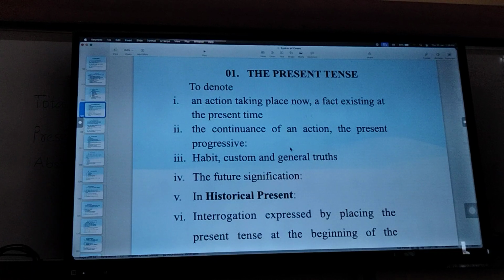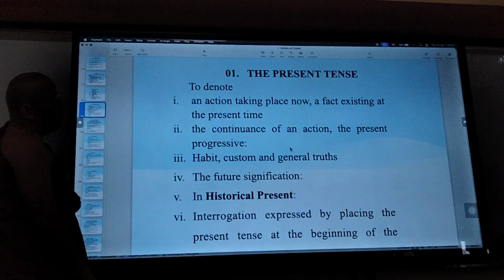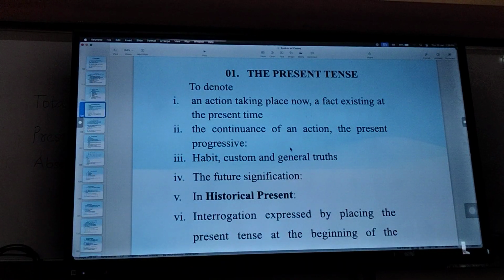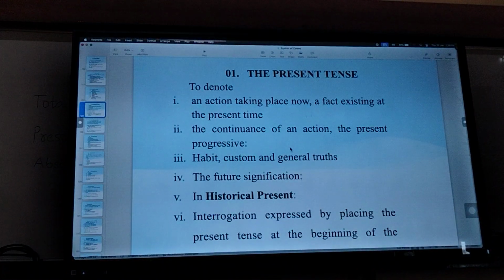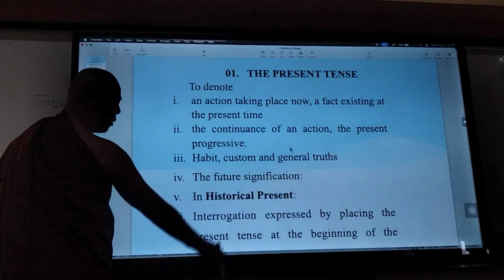Because of that, we use such a historical present, or it can be understood as a narrative tense. There are many places where we find "Evam me sutam", and even though a past time expression can be found there, the verb is just present tense. That can be understood as the historical present tense.